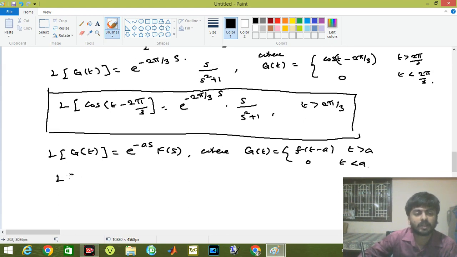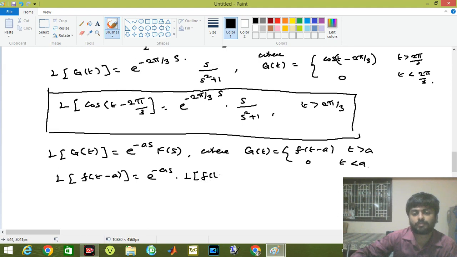What I have given, I have reduced the entire theorem into a small result. L of f of t minus a equal to e power of minus as into f of s, that is L of f of t.